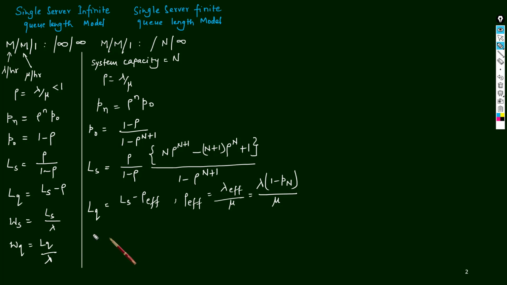So these expressions we have derived in the last class. Now Ws is equal to Ls divided by lambda effective, and Wq is equal to Lq divided by lambda effective. So these are the expressions.